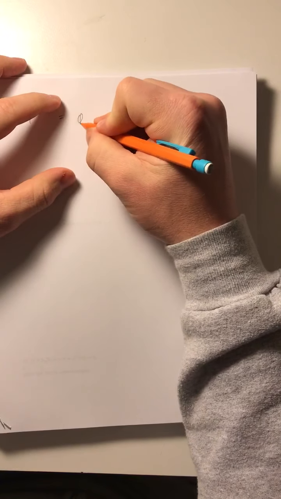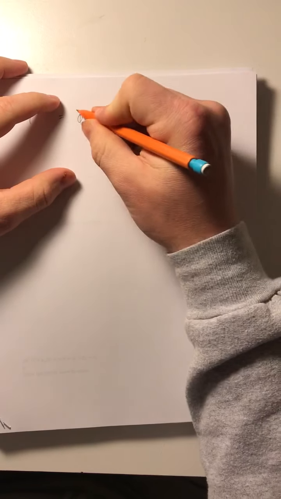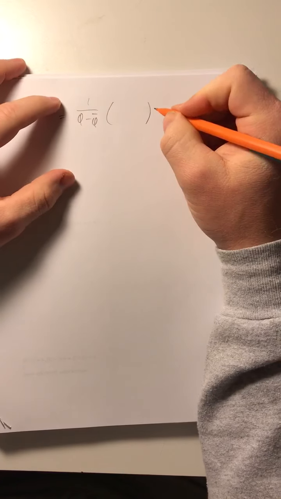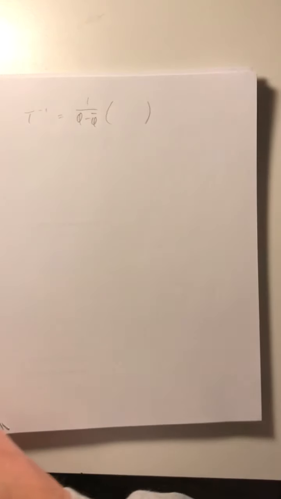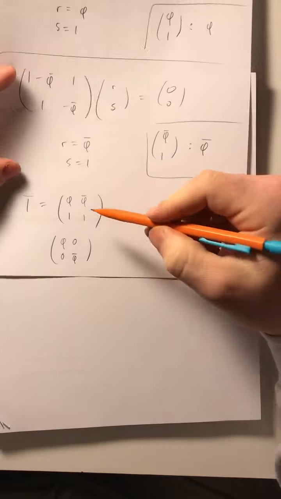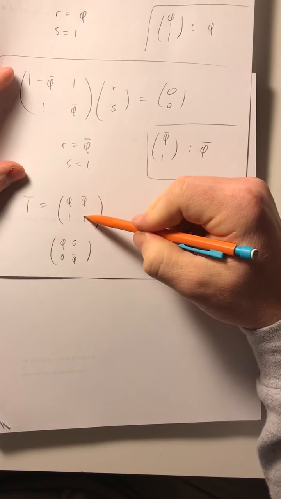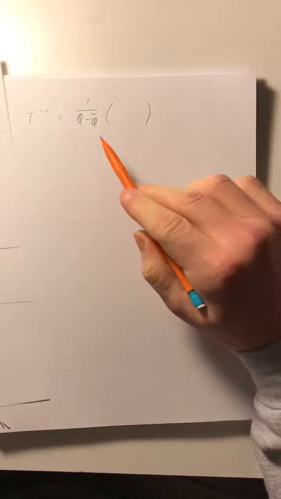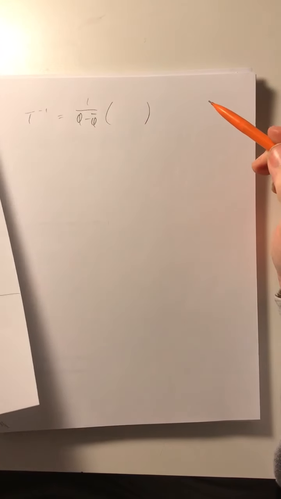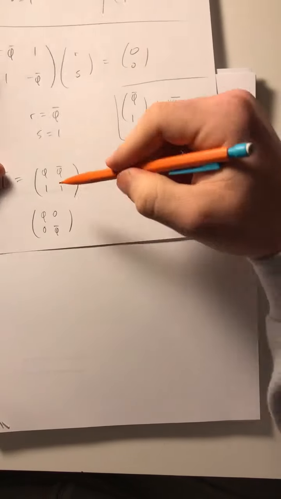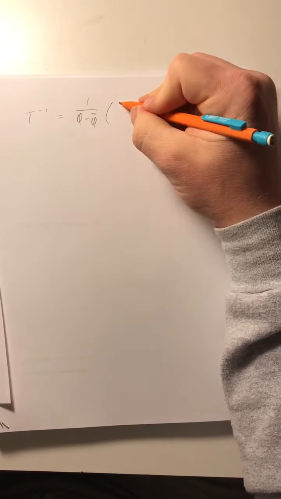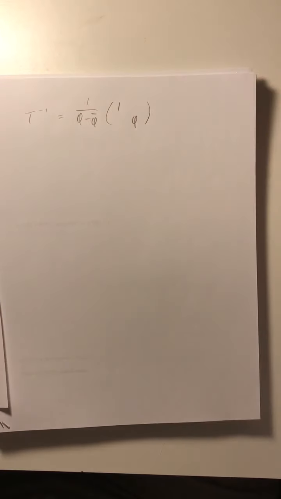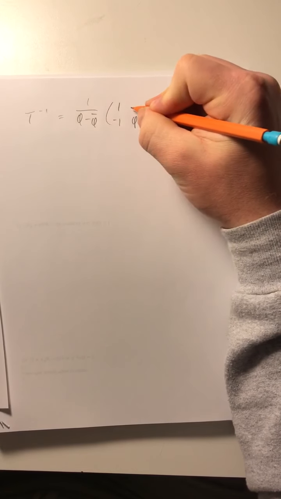We know how to invert a 2 by 2 matrix, so I compute the determinant, phi minus phi bar. The determinant is phi times 1 minus phi bar times 1, and I divide by that. That's not 0, and in fact it's square root of 5. Then I switch the phi and the 1 and put a minus on these two terms.